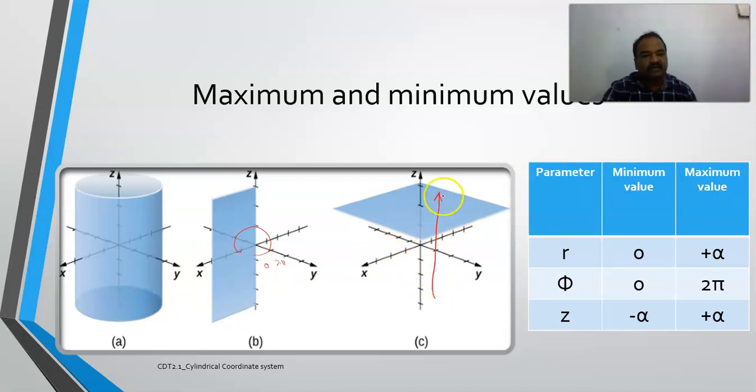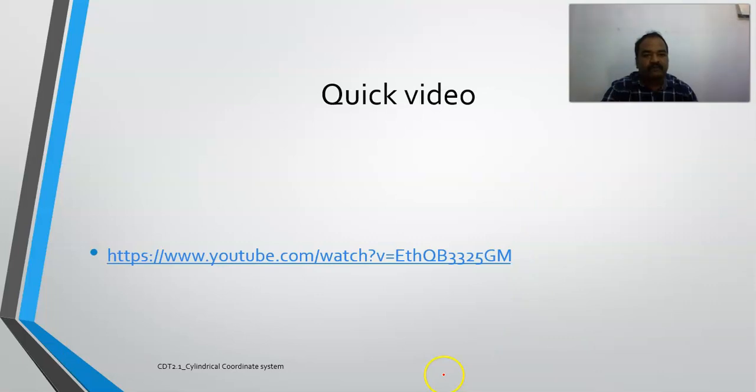So z varies from minus infinity to plus infinity, whereas this will be varying from 0 to 2 pi. And let us suppose this is the minimal radius of the cylinder, it will be varying from 0 to infinity. So that's what I have mentioned here: r varies from 0 to infinity, phi varies from 0 to 2 pi, and z varies from minus infinity to plus infinity.